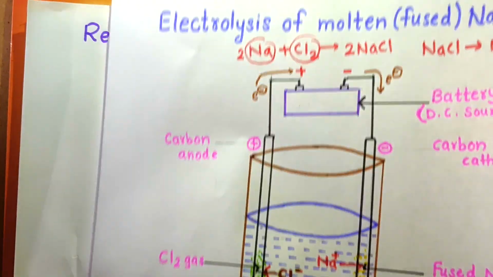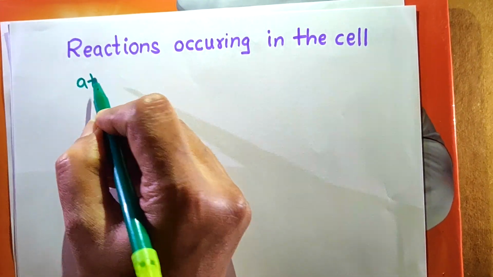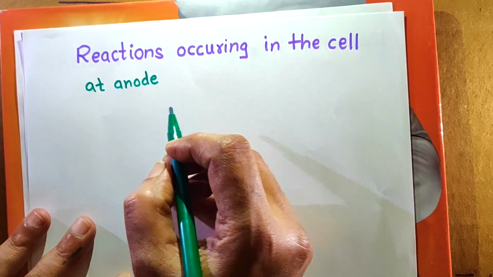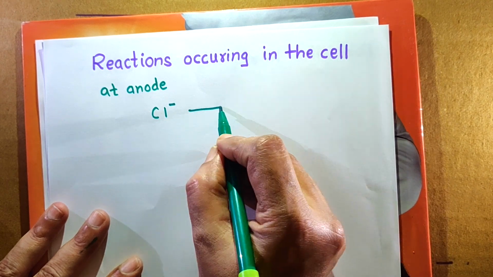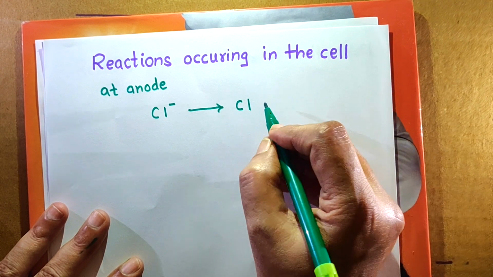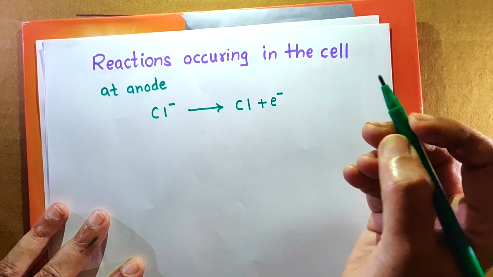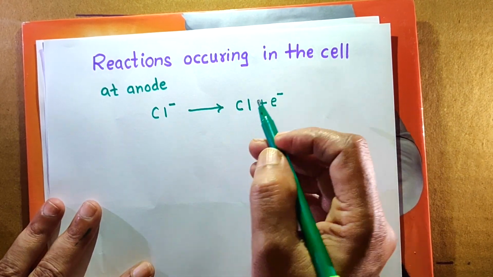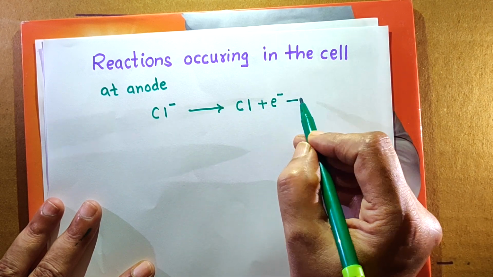How is it represented? Let us see the reaction at anode. Cl minus here is converted into Cl atom. How? By losing an electron. So remember here, Cl minus ion has lost the electron and Cl atom is obtained.